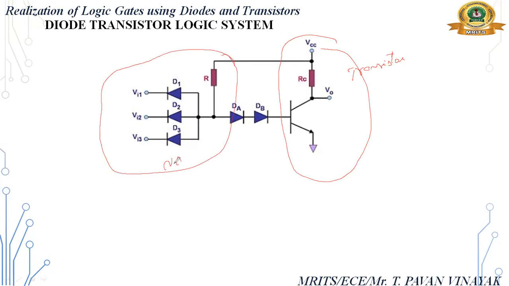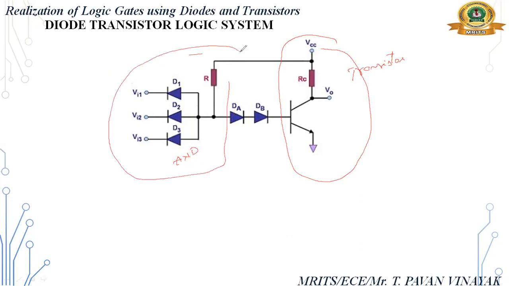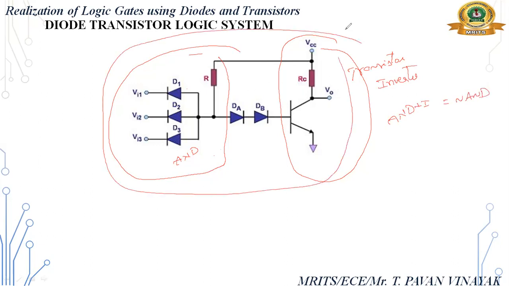This is the AND gate configuration you already learned at first. So AND plus transistor inverter, what happens? It is NAND, right? So this configuration is referred to as a NAND gate.